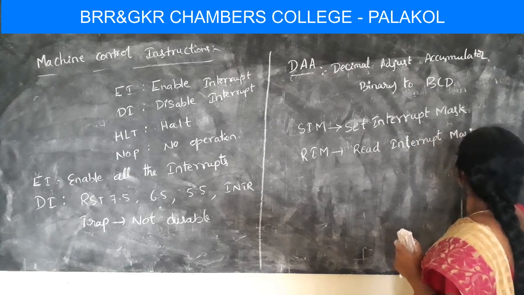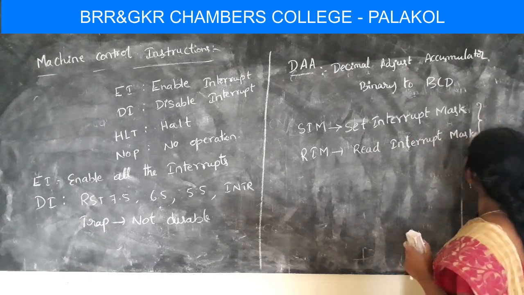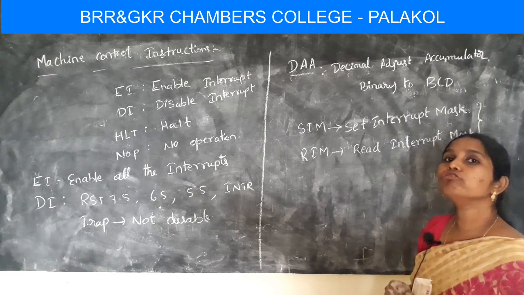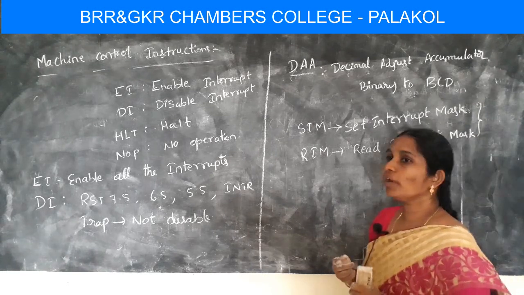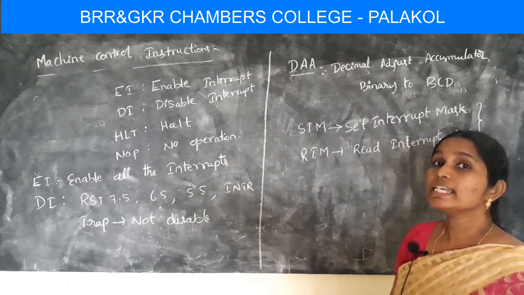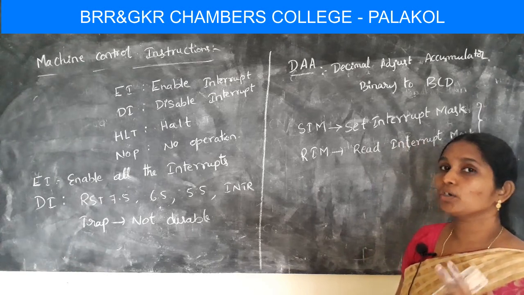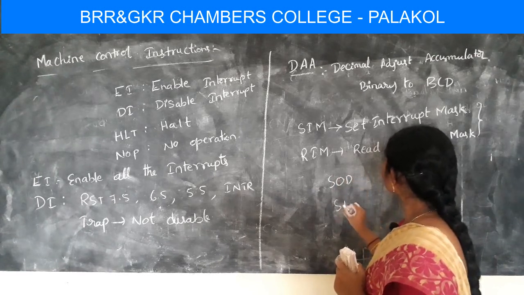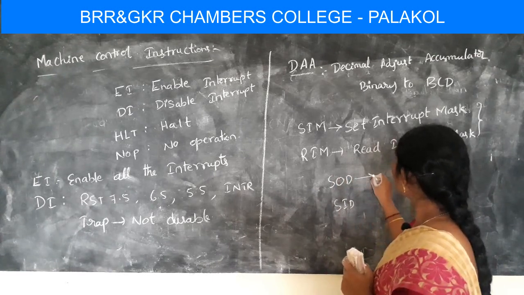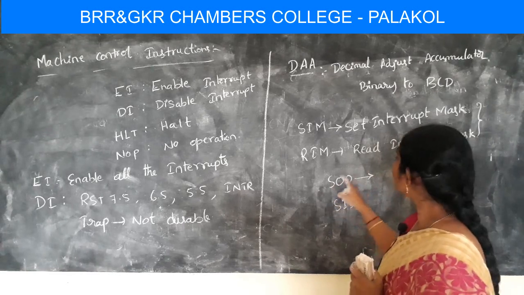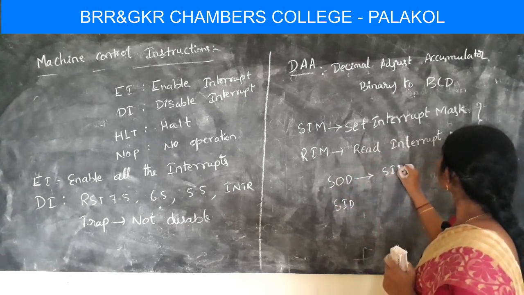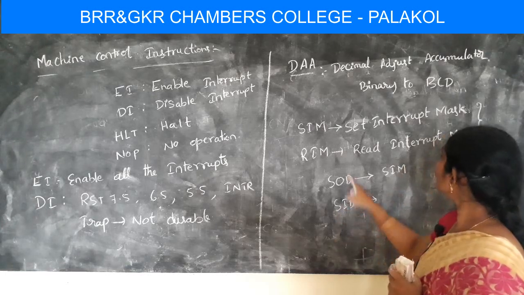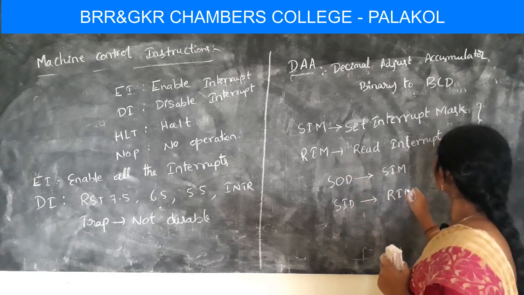These two instructions are used for enabling and disabling of an interrupt. In the last presentation we discussed serial IO control. In that there are two pins, SOD and SID. SOD is serial output data, and for this purpose the SIM instruction is used. SID is serial input data, and for this purpose the RIM instruction is used.